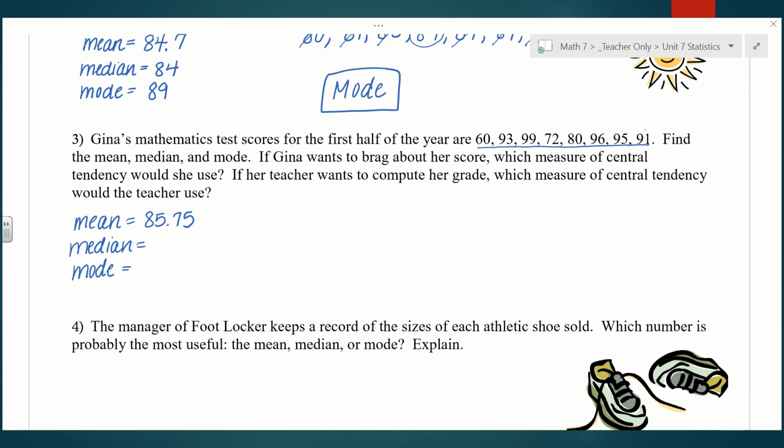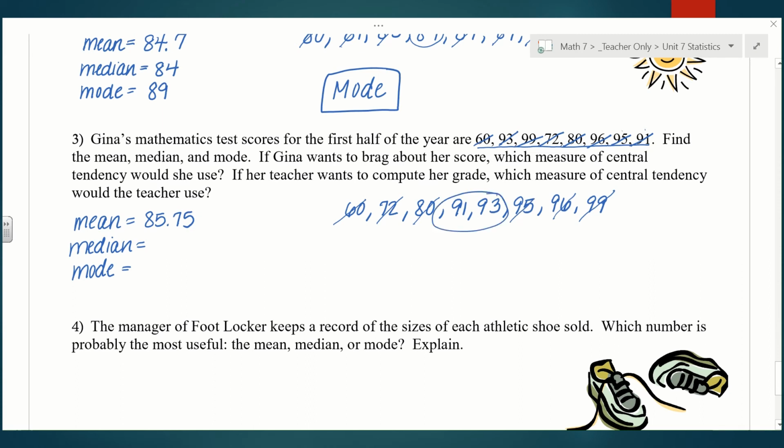For the median, we need to put all of these in order. They didn't do that for us. Take a second. Once you have an order, cross off from the ends, and we have 2 left in the middle.